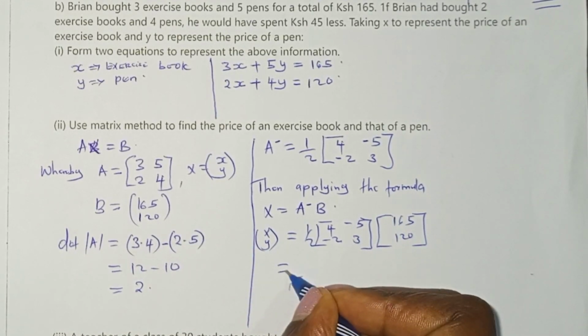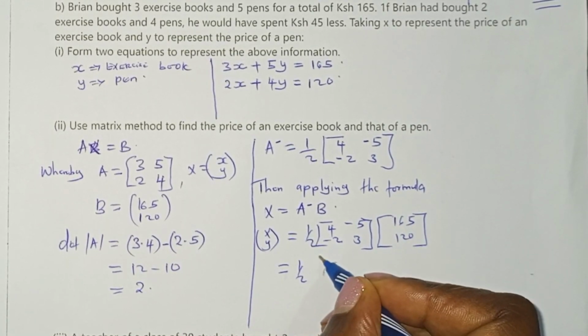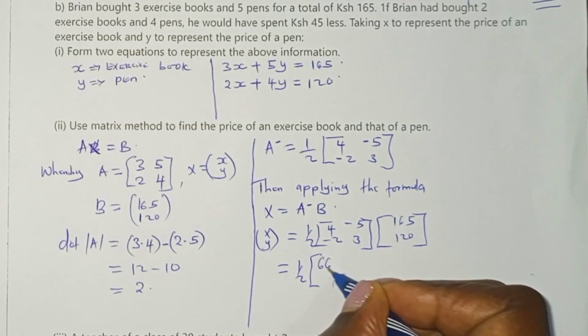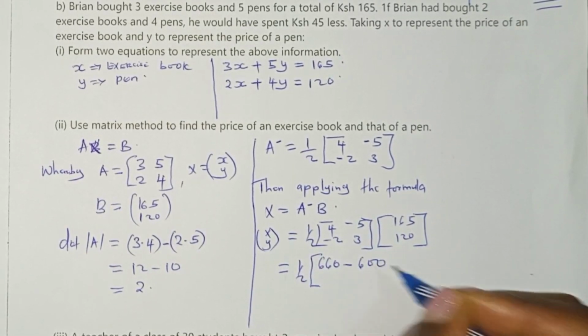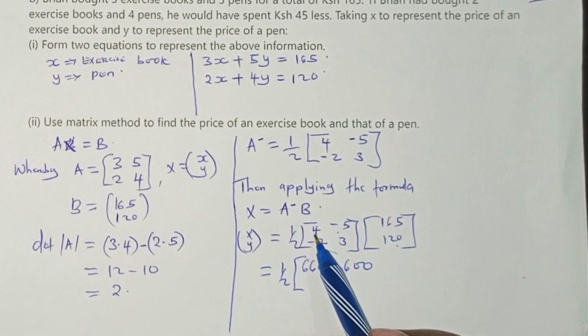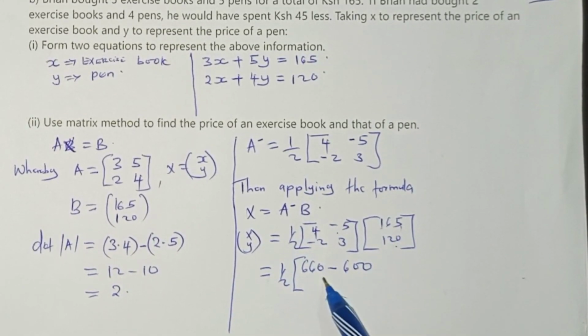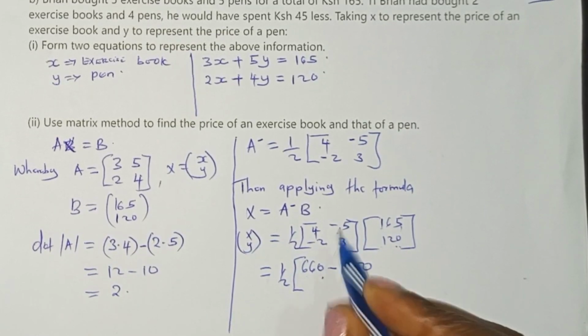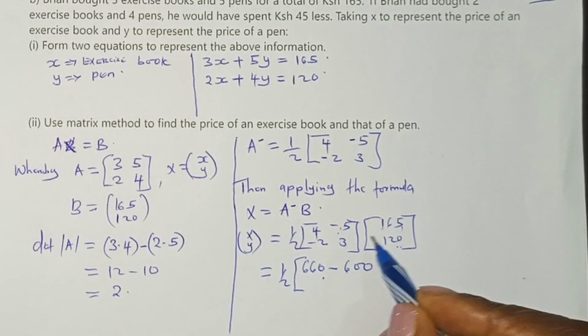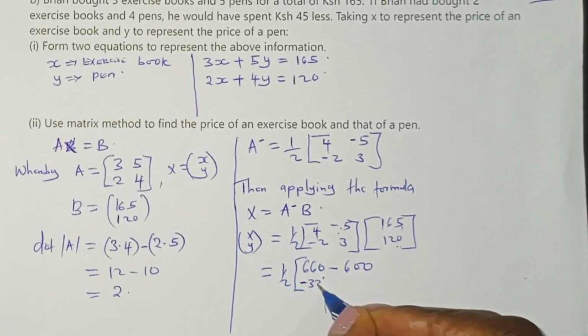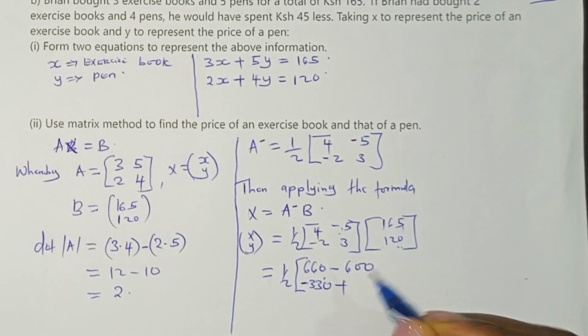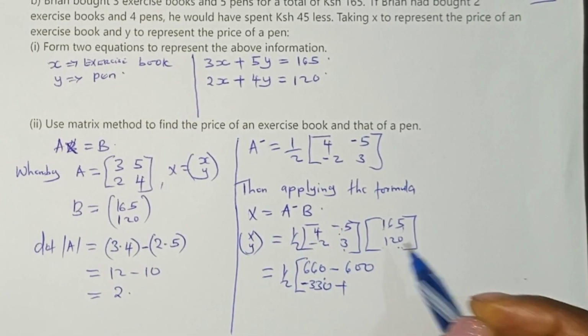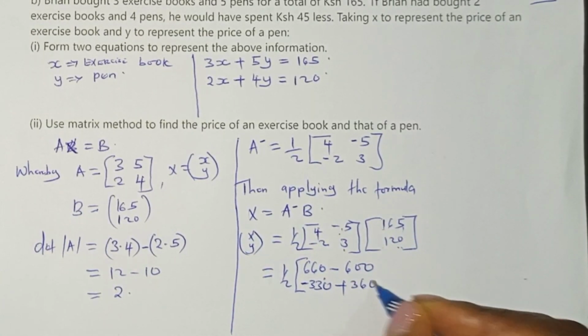So here we get half into 660 minus 600. So here we get 4 times 165, which is 660, plus negative 5 times 120, which becomes negative 600, and negative 2 times 165 is negative 330, plus 3 times 120, which is 360.